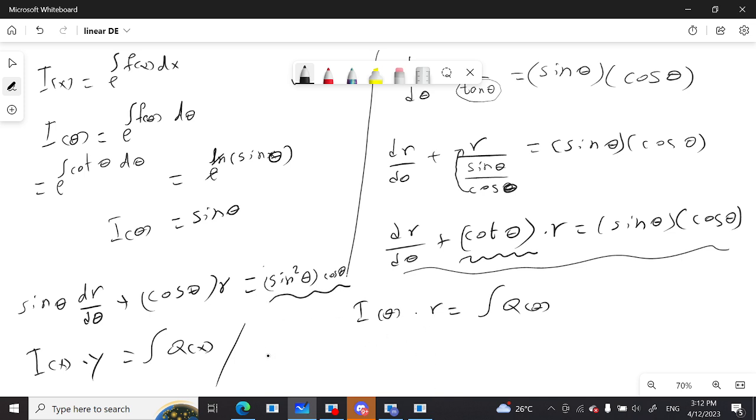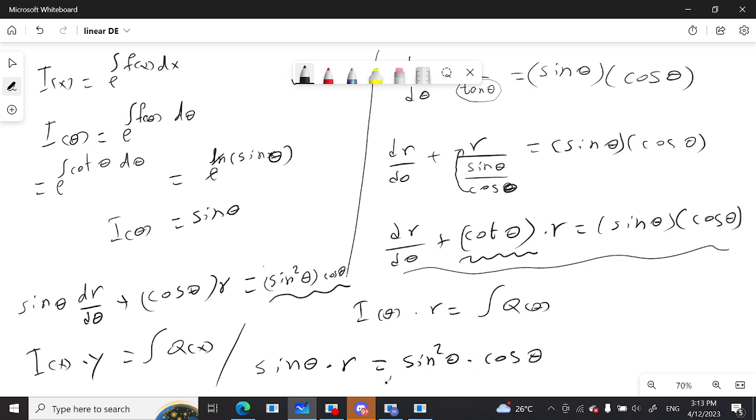Now to substitute the values, I of theta, which is sine theta, multiplied by r, is equal to the integral of sine squared theta times cosine theta.